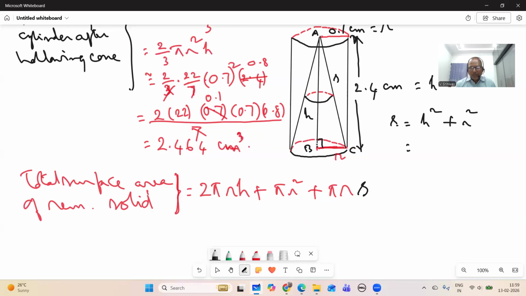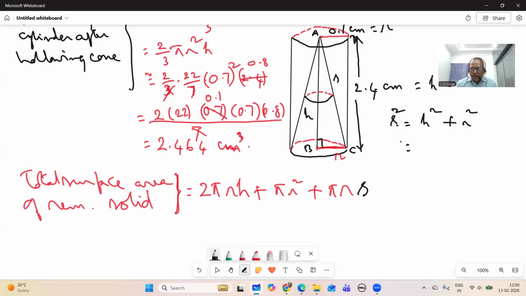That is a right triangle because this is a right circular cylinder. Therefore, this AB makes a right angle with the base, that is, angle ABC becomes a right angle. Therefore, the triangle ABC is a right triangle in which the hypotenuse square is equal to the sum of the squares of the other two sides, that is h and r. Their squares are h square and r square. Add them, and that sum is the square of the hypotenuse.